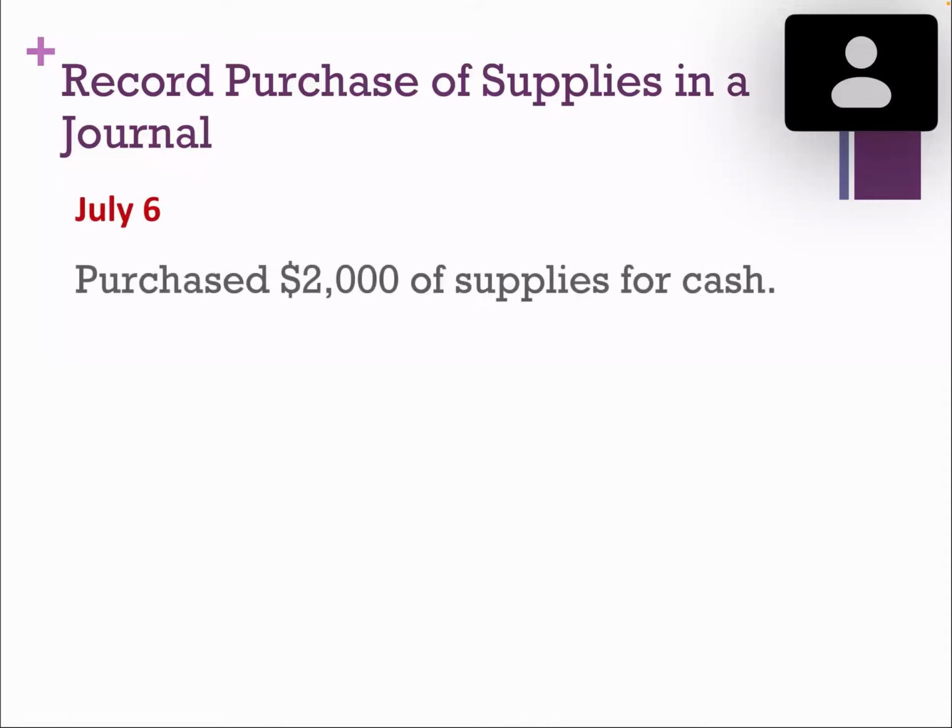So purchase $2,000 worth of supplies. Okay, again, don't think of it as, oh, we're spending money, therefore it's an expense. Okay, don't think of it that way. Instead, think of it as, okay, what is the economic impact of this transaction to the business? Definitely we're using cash, so our assets are going down, right?